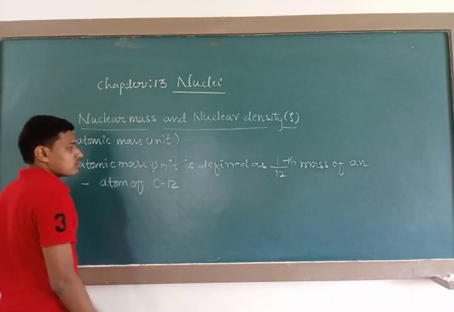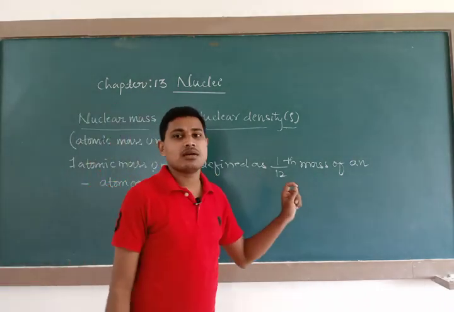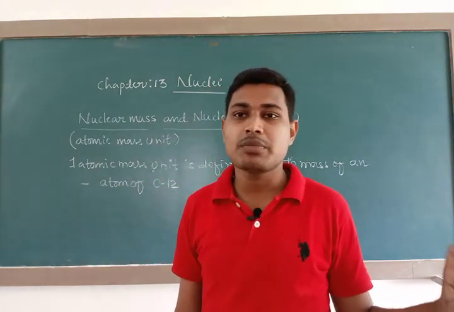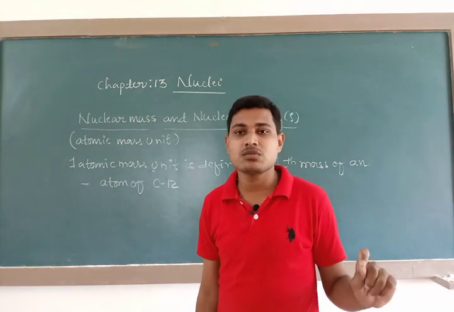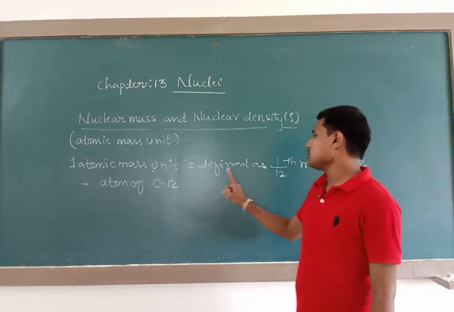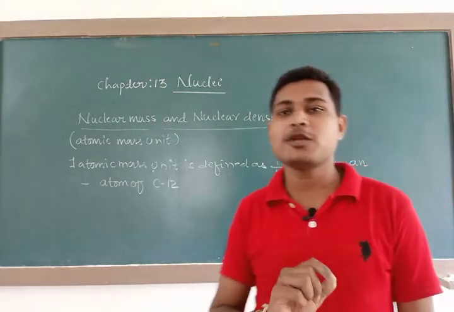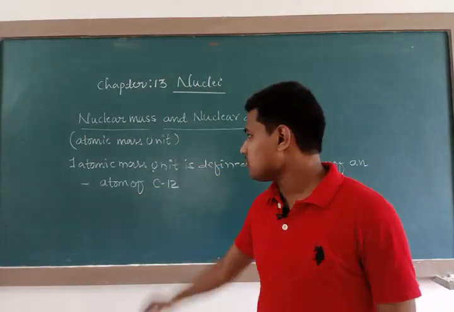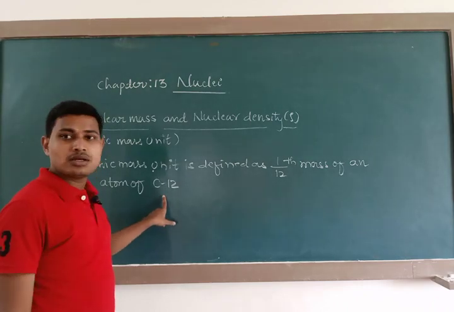So one atomic mass unit is defined as 1 by 12th the mass of an atom of carbon 12.